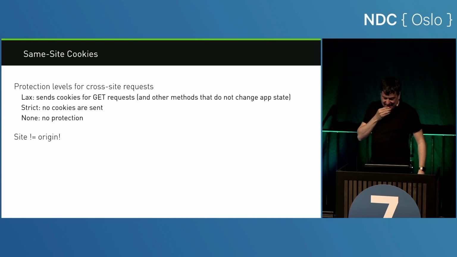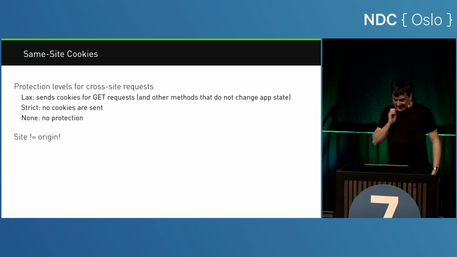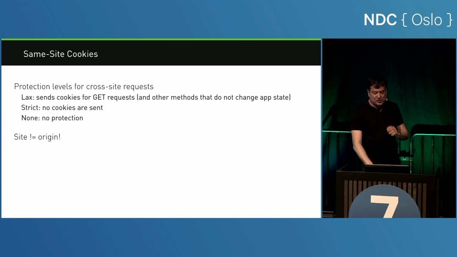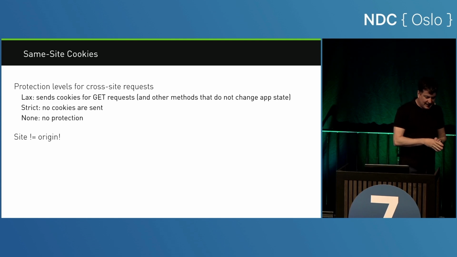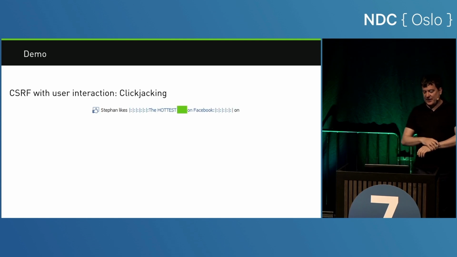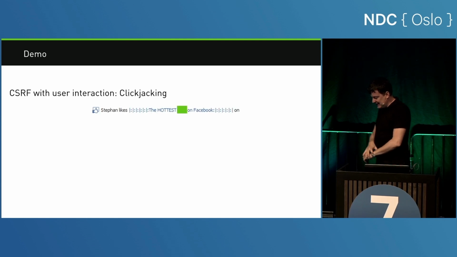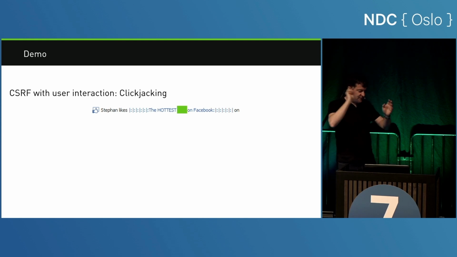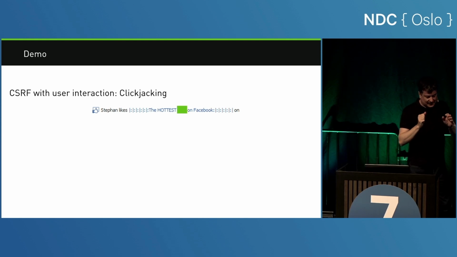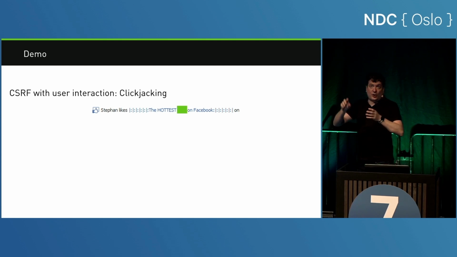There is another attack, and that is harder to pull off, and that's why I think it's super dangerous. And that is clickjacking. So clickjacking essentially means I have a page with a button, and I want the user to click on that button. So it could be in an internal system, the user can delete something.